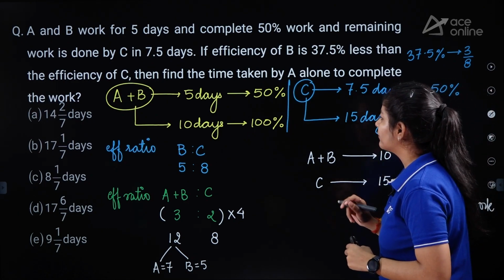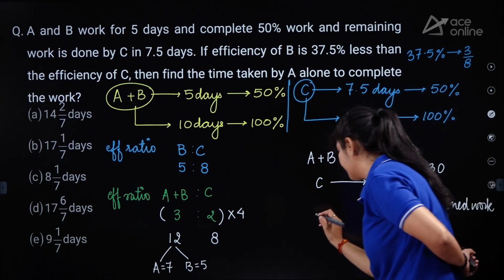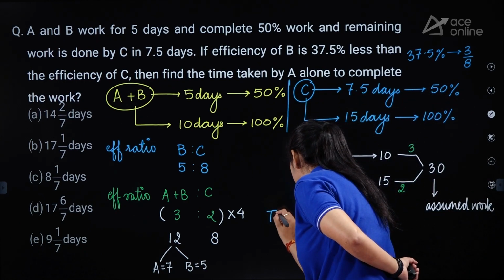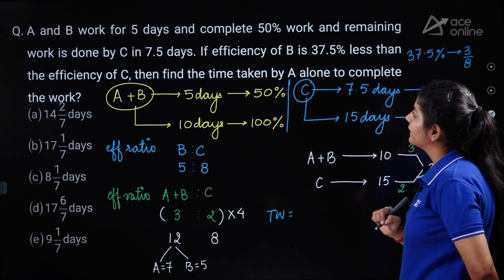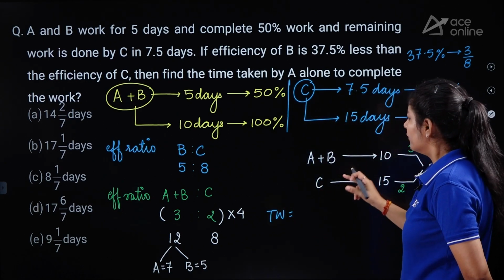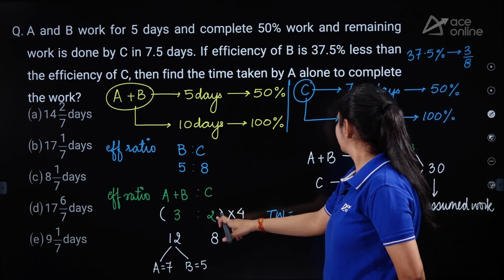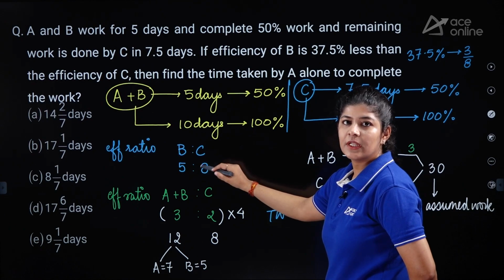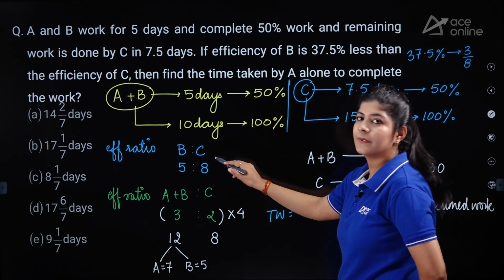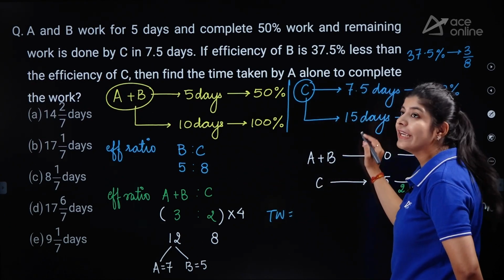But first, we have to determine the total work. With the efficiency of C, we can say that C works with the efficiency of 8 units per day and he took 15 days.